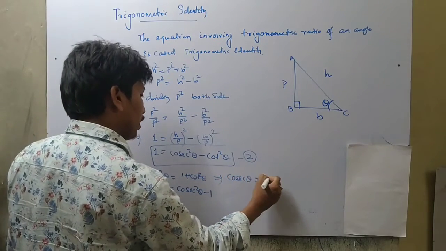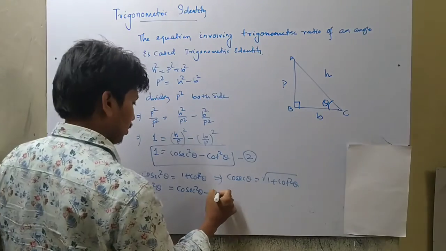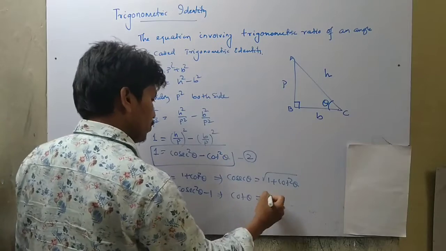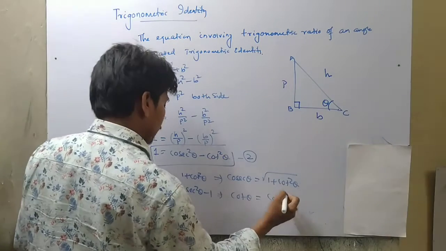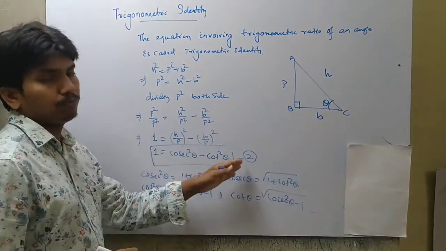Cosec theta is equal to root over 1 plus cot square theta, and like that cot theta is equal to root over cosec square theta minus 1. This is the second formula.